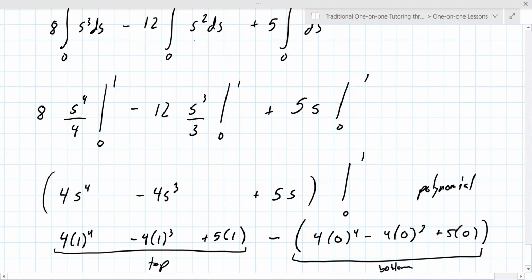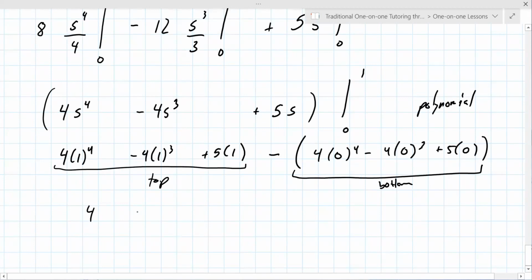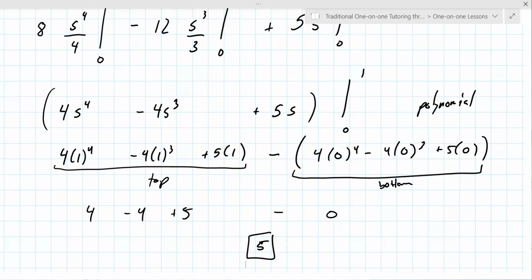Okay. So you subtract whatever the bottom is, but it's in parentheses. In this case, it's 0. So you get 4 minus 4 plus 5 minus, and this is all 0. So just 5. Okay. Yeah, that makes sense. Okay.